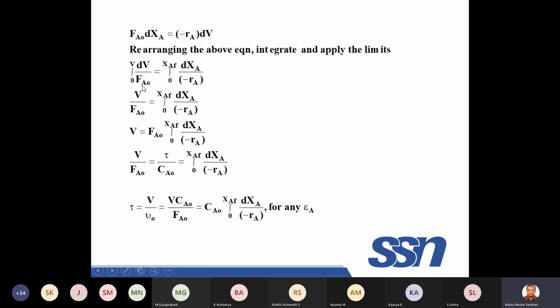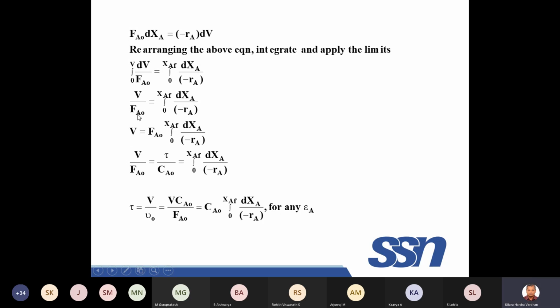F naught is constant, the initial molar flow rate, so you can take it outside the integral. Integral of dV from 0 to V is V. If you substitute the limits, we get V by F naught is integral 0 to XAF dXA by minus RA. Correct?